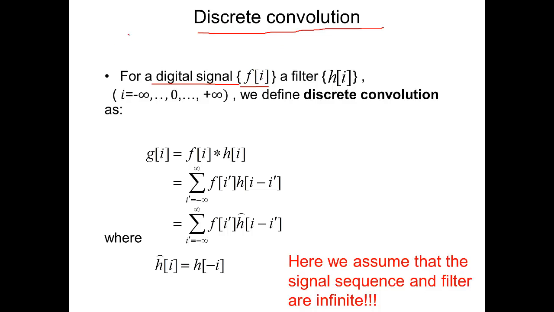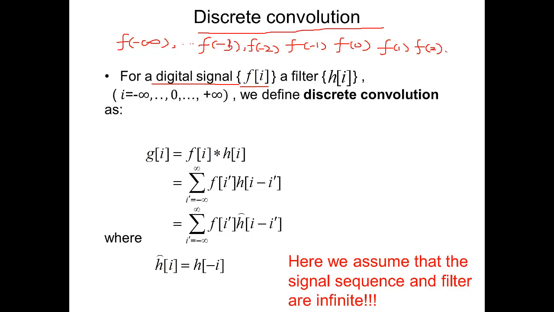For example, it starts from negative infinity, then goes to f of negative 100, f of negative 10, then f of negative 3, f of negative 2, f of negative 1, then f0, f1, f2.